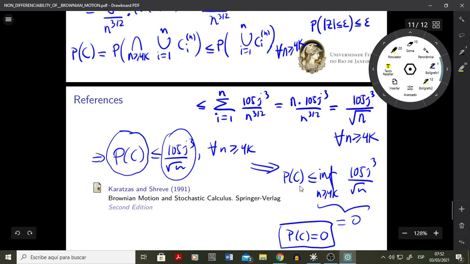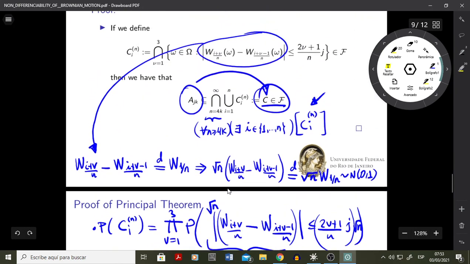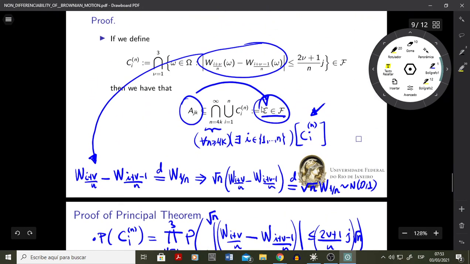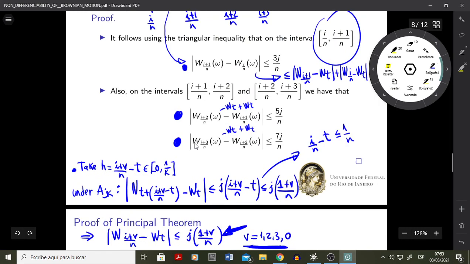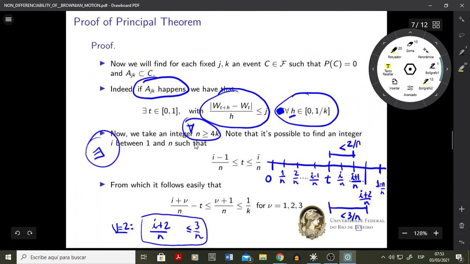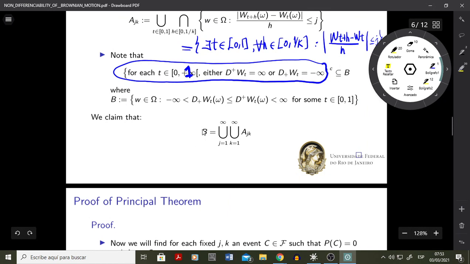The event C is measurable and has probability 0. If C has probability 0, the event A_jk has probability 0. And that's why the event V has probability 0.